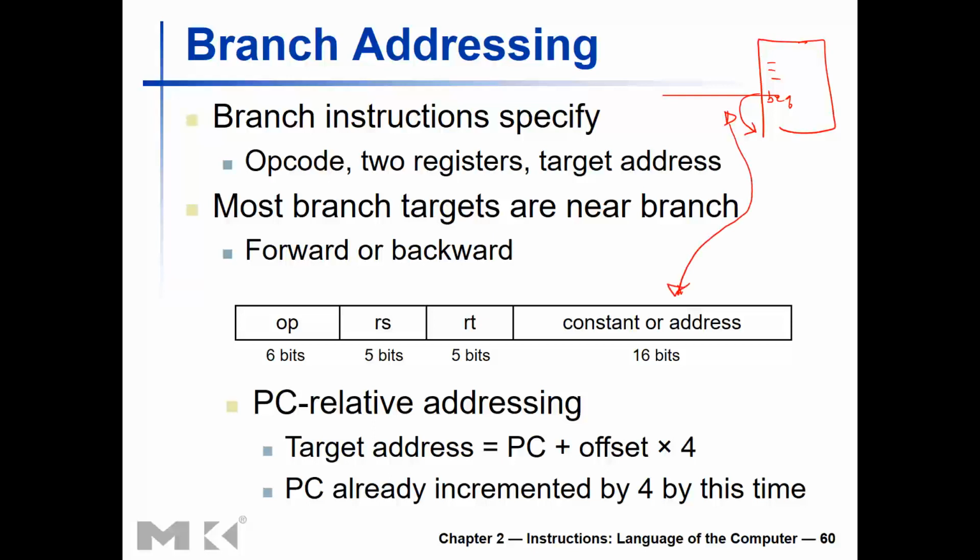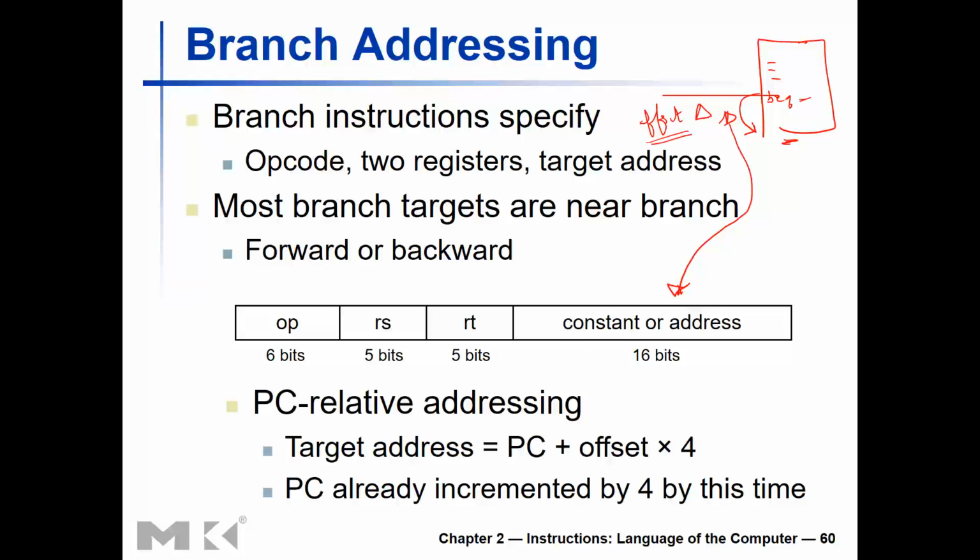But we don't save this delta, which is between the instruction and the target of the branch. This delta is not saved as bytes, it is rather saved as words. To do this, we divide this delta by 4. So this offset is saved in terms of words, not in terms of bytes.